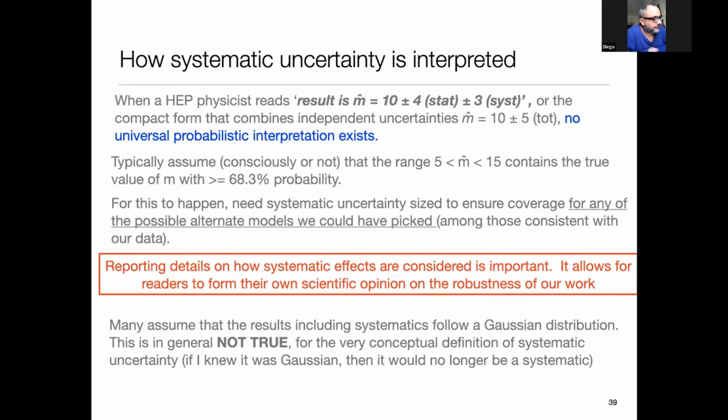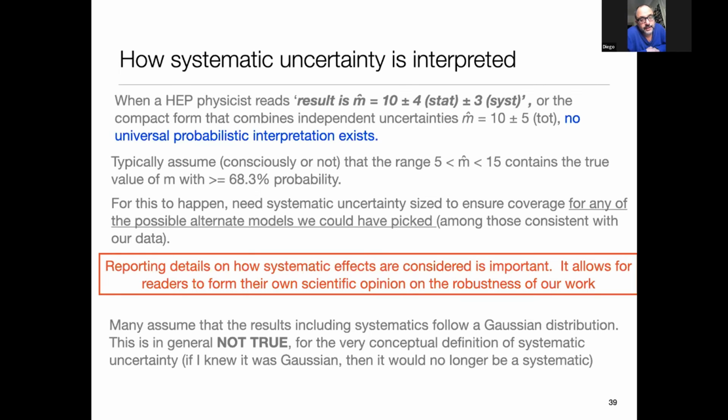So how is systematic uncertainty interpreted? Well, usually you see a point estimate of the form, our result is 10 plus or minus 4 statistics plus or minus 3 systematics. And what people do is sum in quadrature statistics and systematics, because they assume them to be independent, and give a result with a total error.